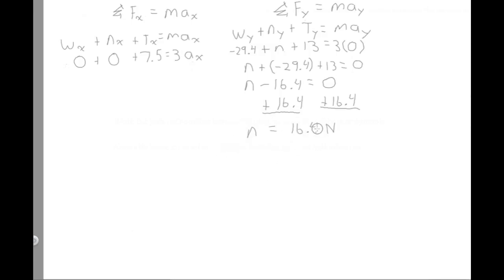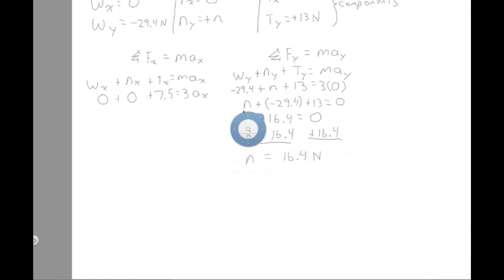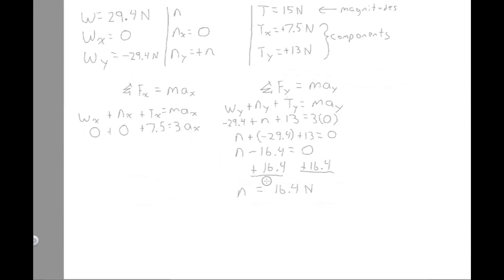What about the size of this number? Does the size of this number make sense? Well, we can compare the magnitude of the normal force with the magnitude of the weight. So we have here 16.4 newtons is less than 29.4 newtons.